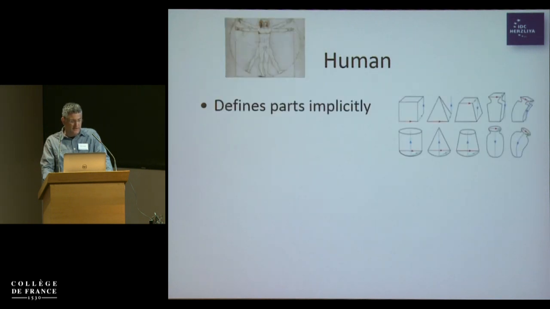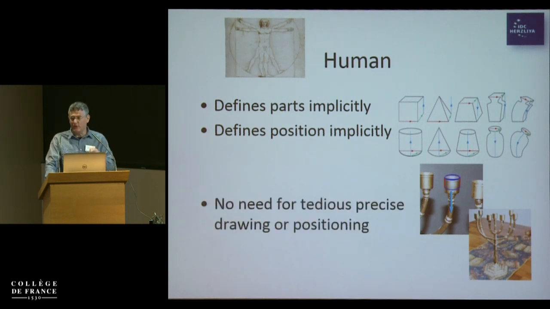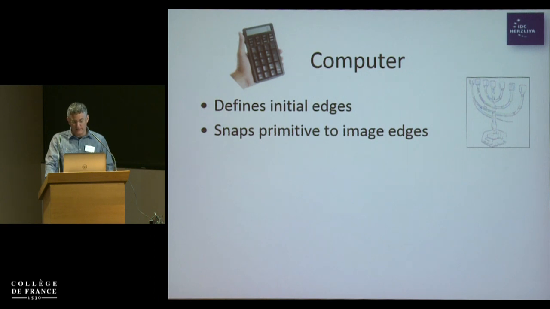So the human defines the parts implicitly, as I said, and defines the position implicitly because, again, you sweep on the 2-dimensional image, and there's no need for tedious, precise positioning. There's no need for exact drawing, and that makes it simple for humans. What makes it simple for computers, of course, is that they define the initial edges and snap to the primitive because they have a very good initial guess, right?